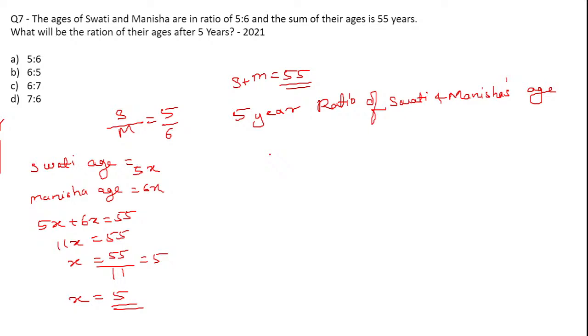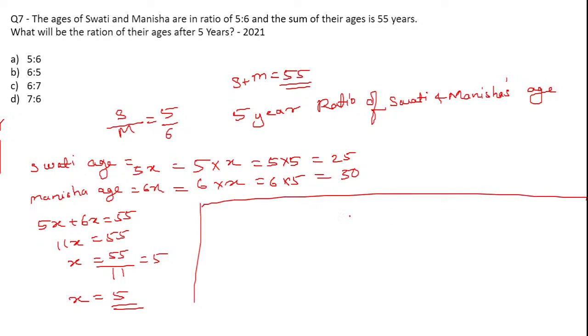Now we can find the age of Swati by doing 5 into x, that is 5 into 5. Similarly, we can do 6 into x equals 6 into 5. So 25, and this comes 30. And in the question they have asked the ratio of their ages after 5 years.